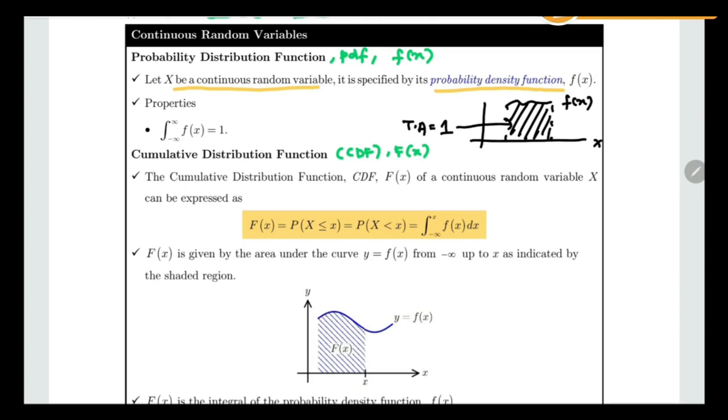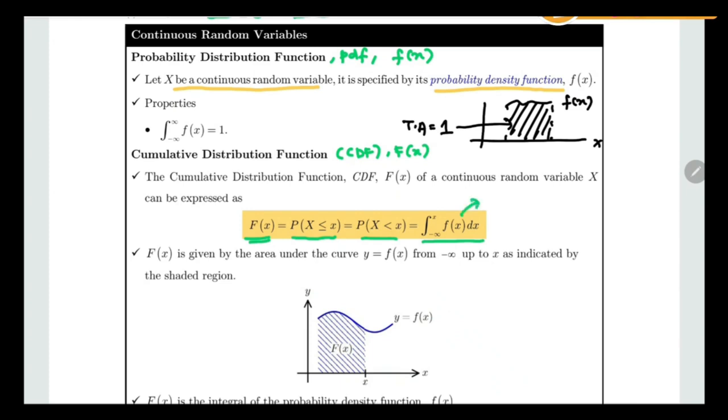The CDF of a continuous random variable can be expressed as F(x) equals the probability of X less than or equal to x, which equals the integration of f(x) from negative infinity to x.